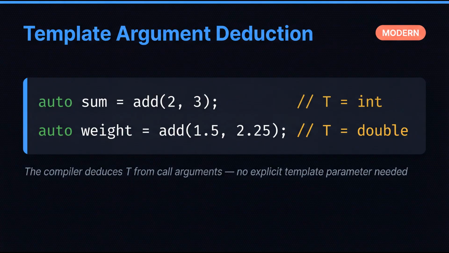This is called template argument deduction, and it makes generic code feel natural to use. Callers write add(2, 3), not add<int>(2, 3). The deduction happens automatically. You only need to specify the type explicitly when the compiler can't deduce it from the arguments.